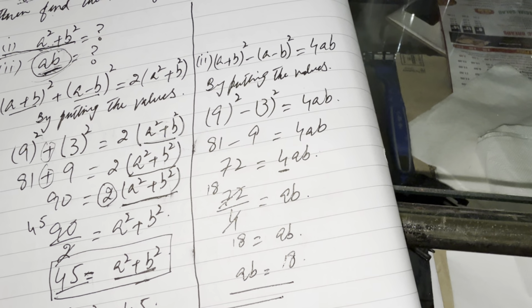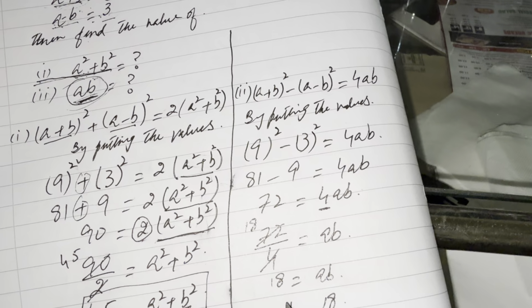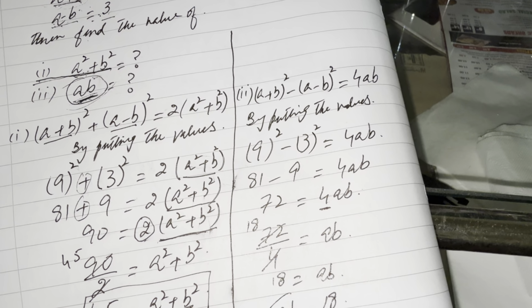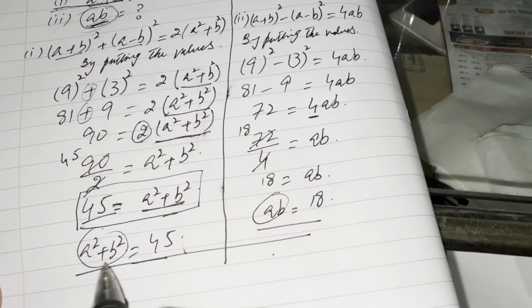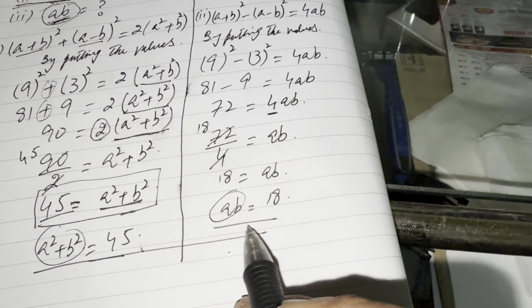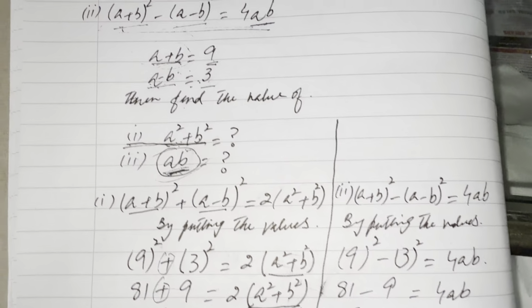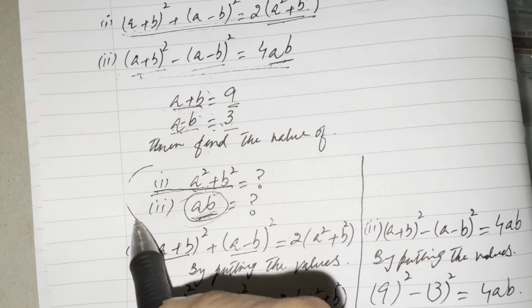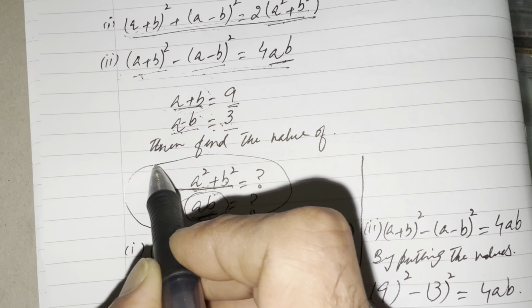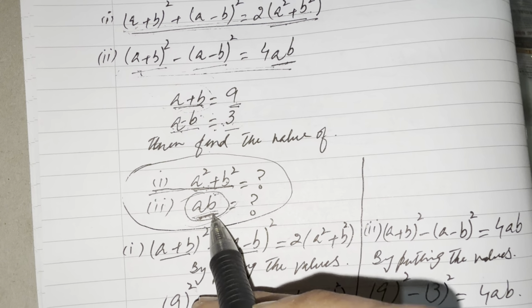So in these two examples, we have found the values of A square plus B square and the value of AB. In this example, the question was to find the values of these two things, A square plus B square and AB.